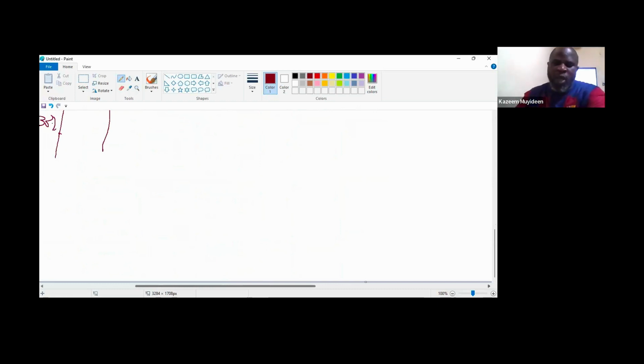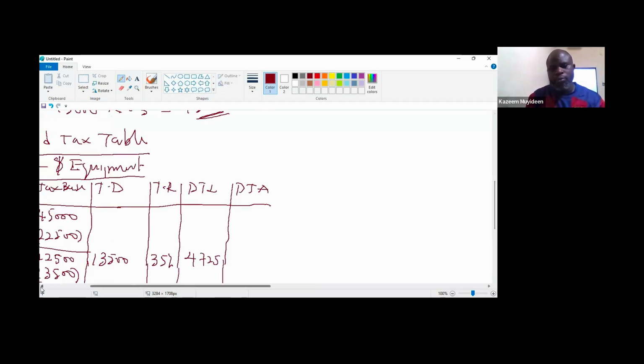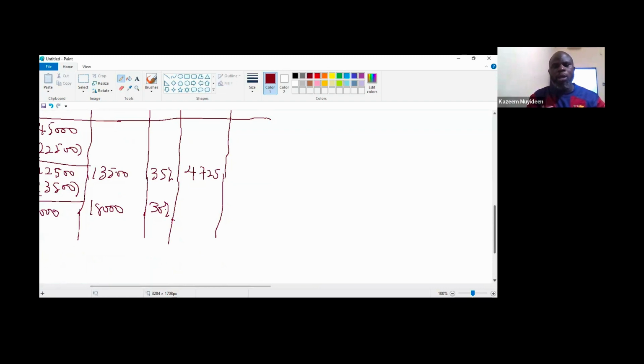How do I adjust it? It's very simple. Who can tell me the formula? Do you still remember the formula when tax rate changes? Because this tax rate has changed. We did it last week.